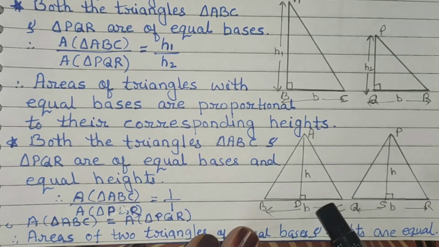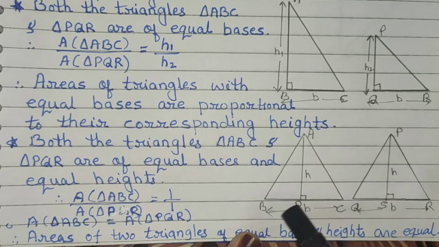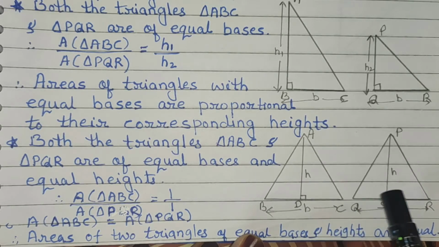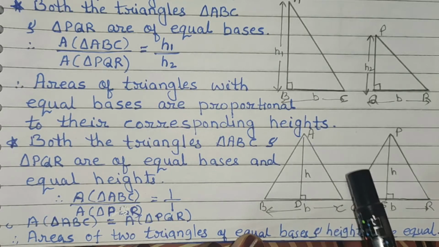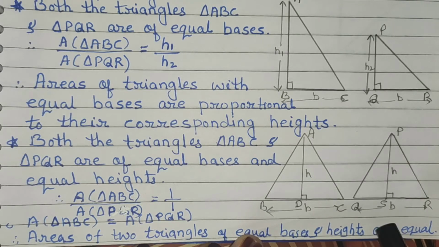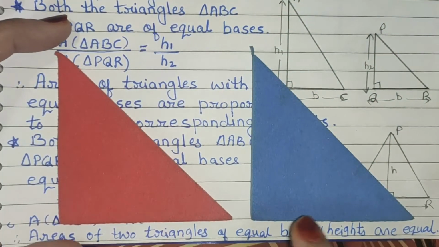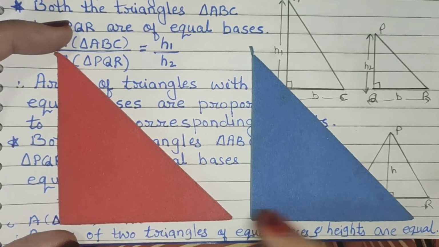Now, next figure is, look at the triangles ABC and PQR. Now, both the triangles have the same base B and same height H. Both the triangles ABC and PQR are of equal bases and equal heights.